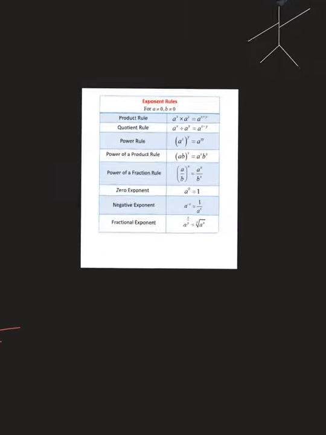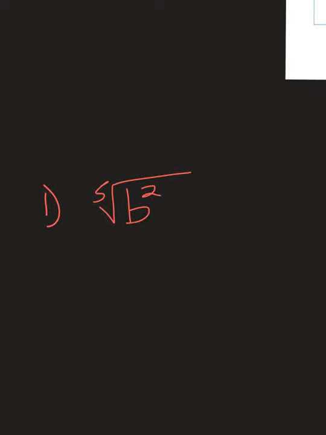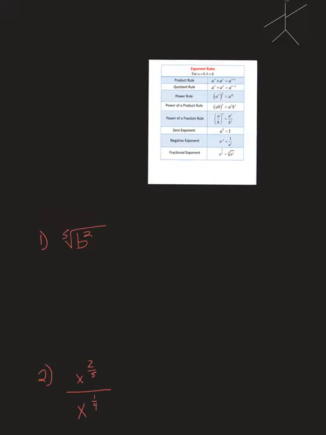Here we go. Here's example 1. Example 1 is just a review of one of our rules, okay? So, I hope what you recognize right away is, hey, this is part of the fractional exponent rule. So, if we go back and we look at the fractional exponent rule, it's right here, right?